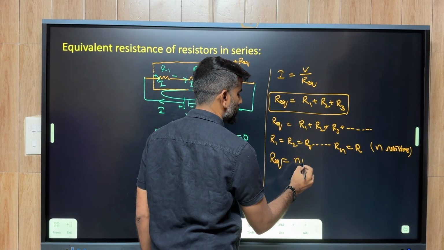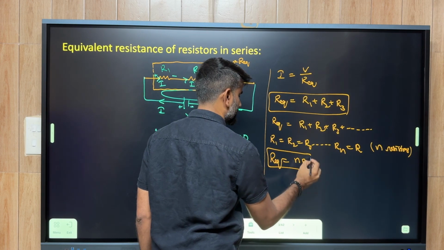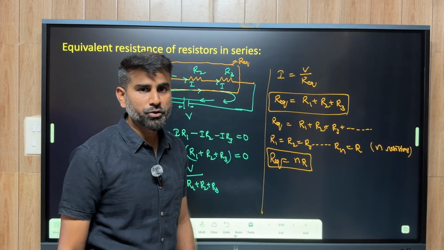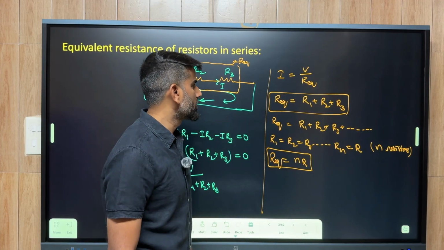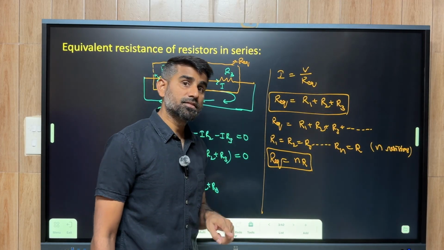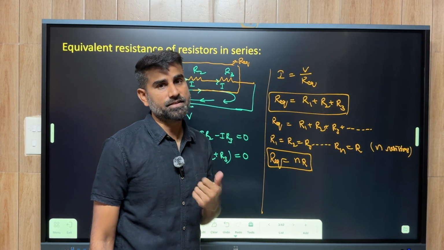That means n into R. So this is the equivalent resistance formula when the resistors are connected in series.